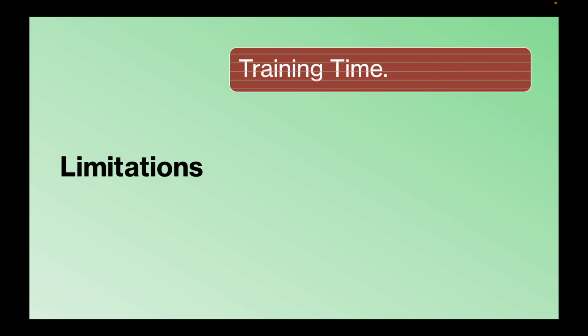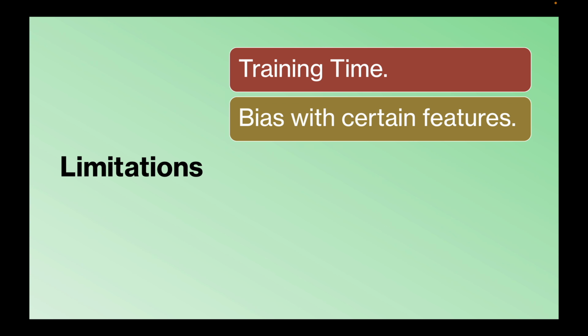Now let's see the limitations of random forest. First is training time. The training time of random forest can be slow for huge datasets or a large number of trees. Next is bias with certain features. It can be biased with certain features such as features with so many categories, and highly correlated features can sometimes dominate the splits.